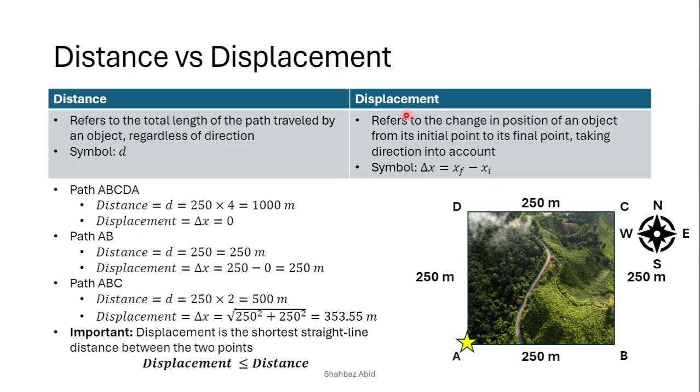The displacement and the distance are not equal to each other most of the time, but the displacement can be less than or equal to the distance. The important definition of displacement is the shortest straight line distance between the two points. So the displacement can be less than or equal to the distance, but it cannot be more than the distance.